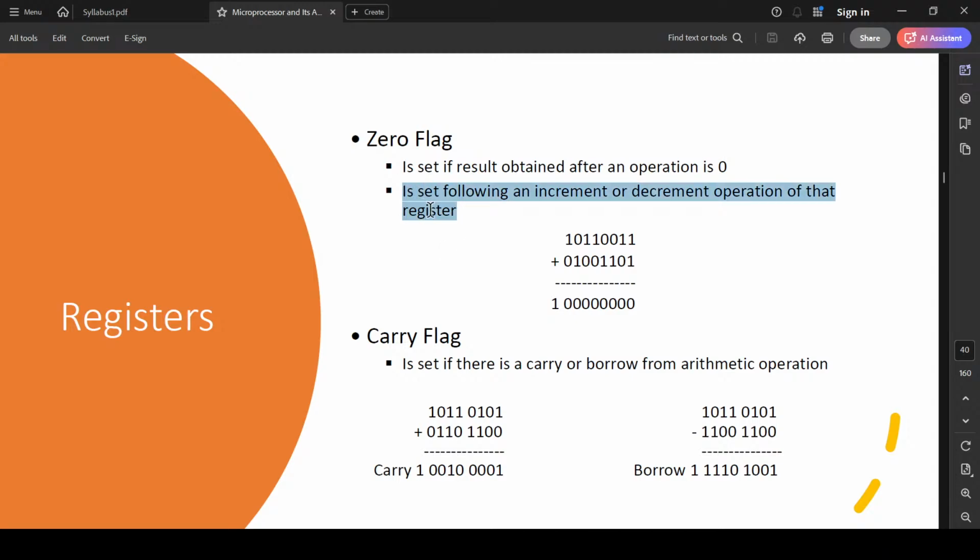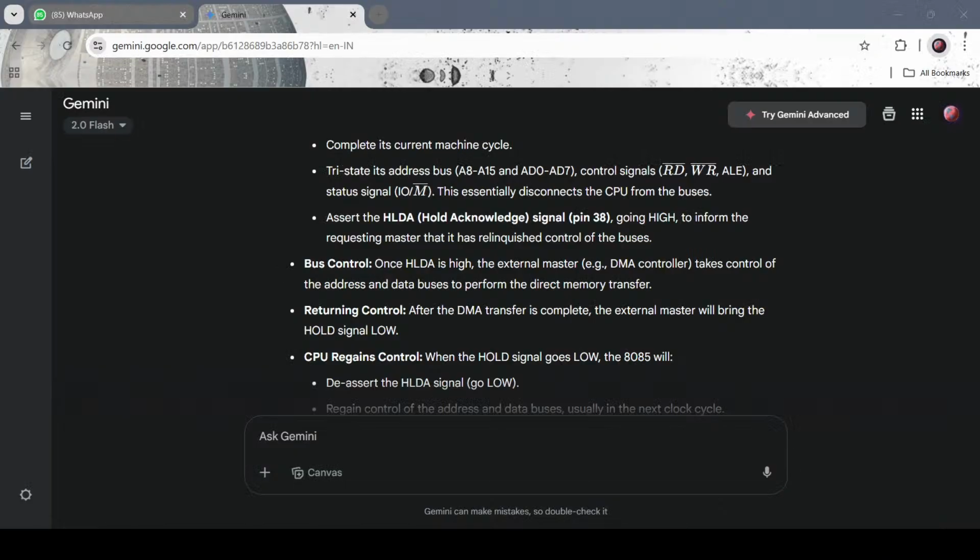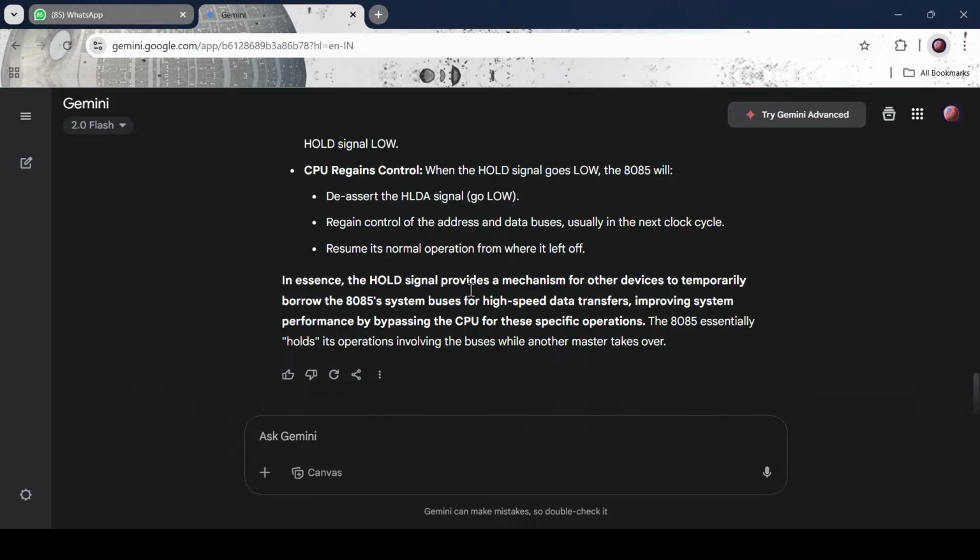Even I can't understand this grammar. Let me go on the OBS first. Enable board, Gemini, copy paste. Is this about flag register? If yes, what does it mean?